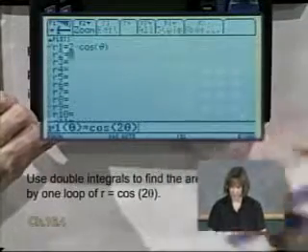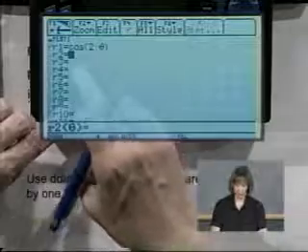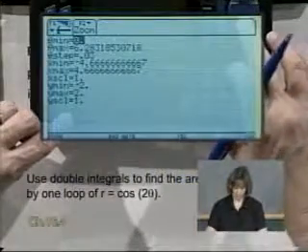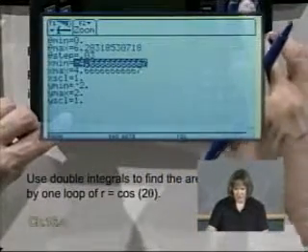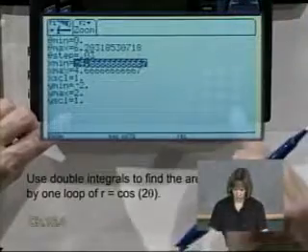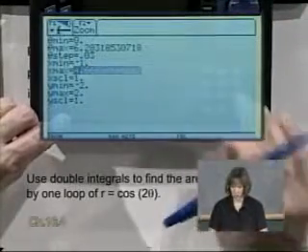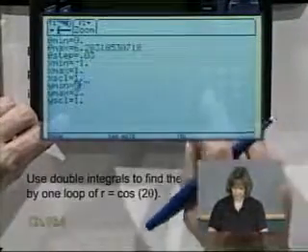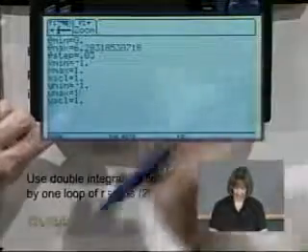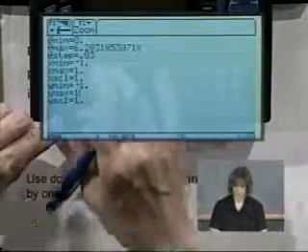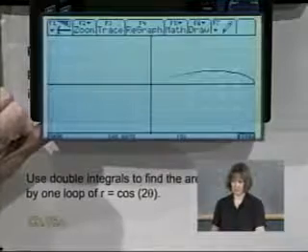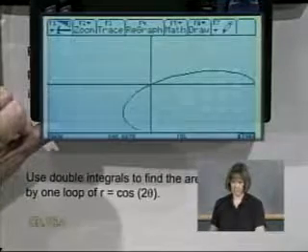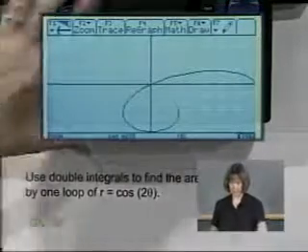Oops, yeah, hit enter. There you go. An appropriate window, 0 to 2 pi would be fine. My x's and y's have to be between -1 and 1. So you might want to go -1 to 1 is fine. And let's tell it to graph it. And you might remember this from your Calc 2 days.